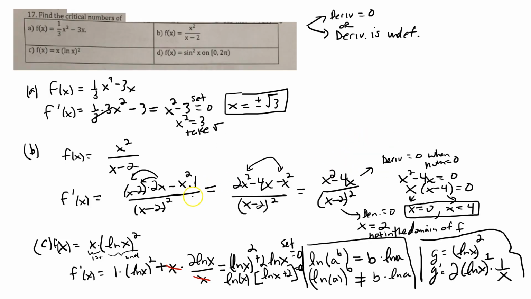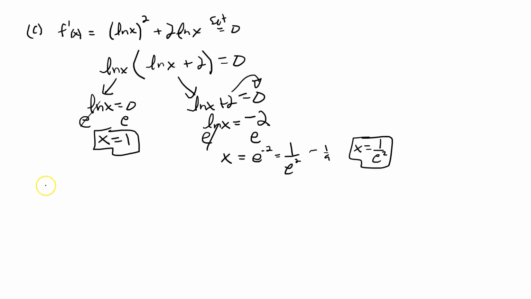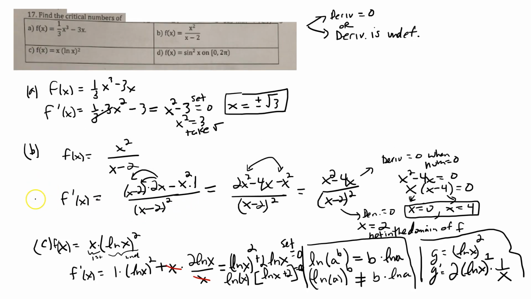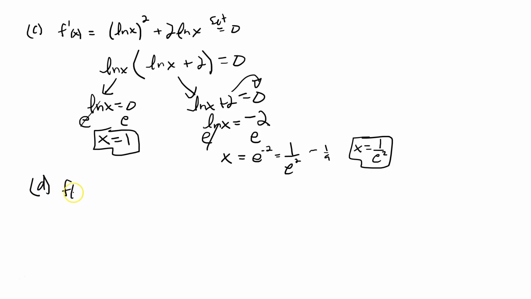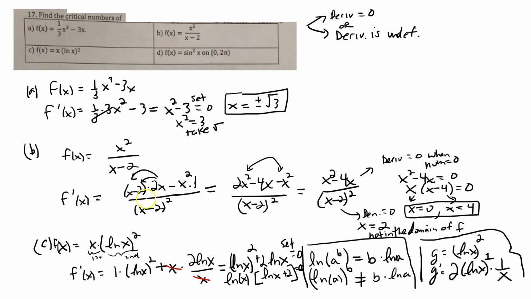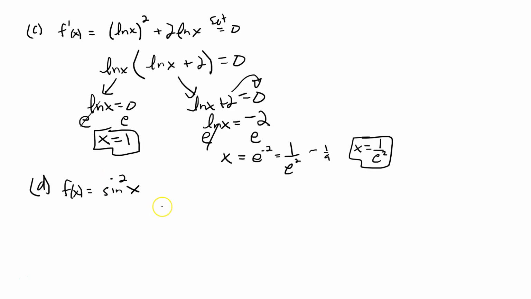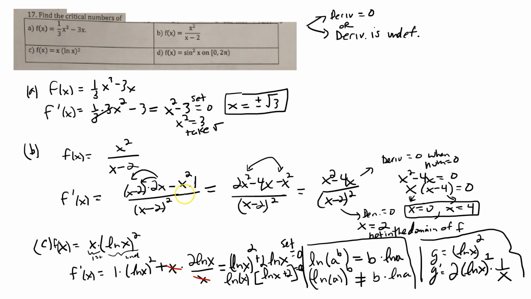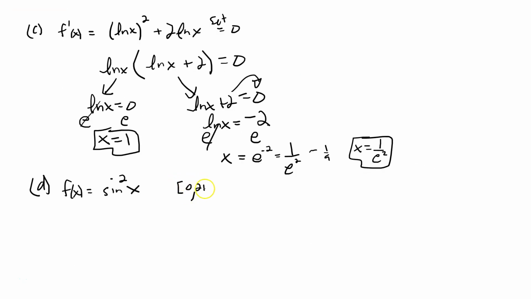Okay, great. And then lastly, letter D has a function of the sine of x squared. That's how we normally write it. And then they give us an interval because, you know, these functions that are periodic can go on forever. They want us to only focus on 0 to 2 pi, not including 2 pi.